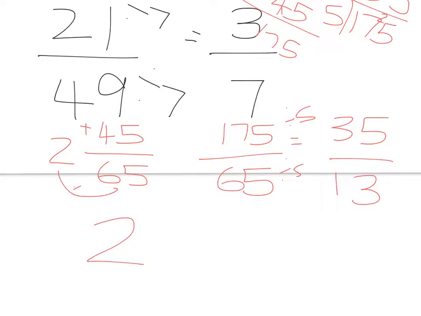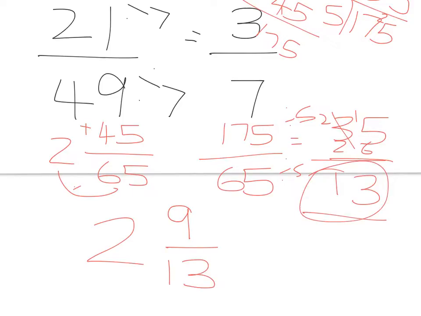And my leftovers would be 35 take away 26, which gives me 9, and we keep our same denominator, which was 13, over 13. So 2 and 9 over 13.